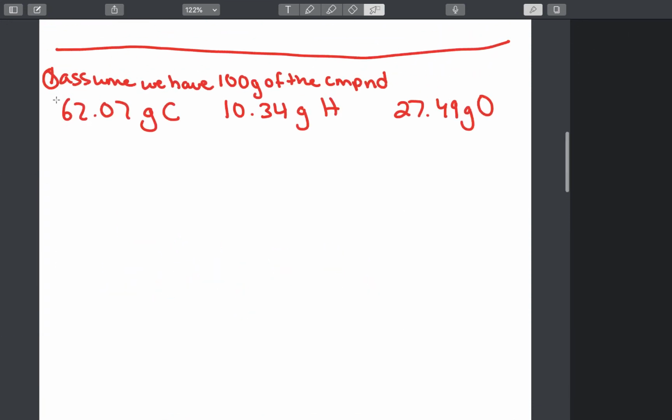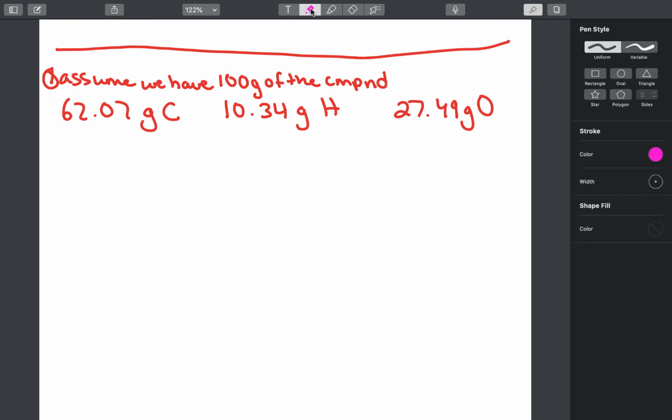Okay. All right. So now that we have the grams of each element, let us convert these into moles. So the next step is to convert the mass into moles. Okay?